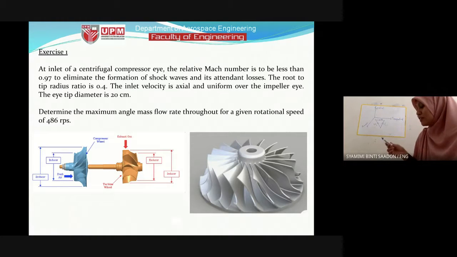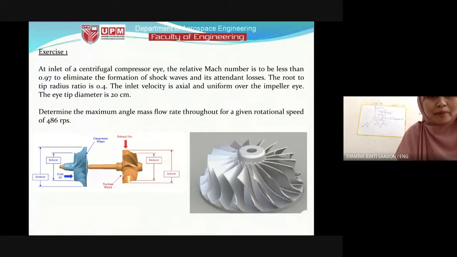Imagine the fluid entering the compressor axially in this direction, the absolute velocity, and then it comes out in the radial-tangential plane like this. The fluid coming out from the centrifugal compressor will be in this plane. So we have W and U, rotational, and this is the absolute velocity, like this.